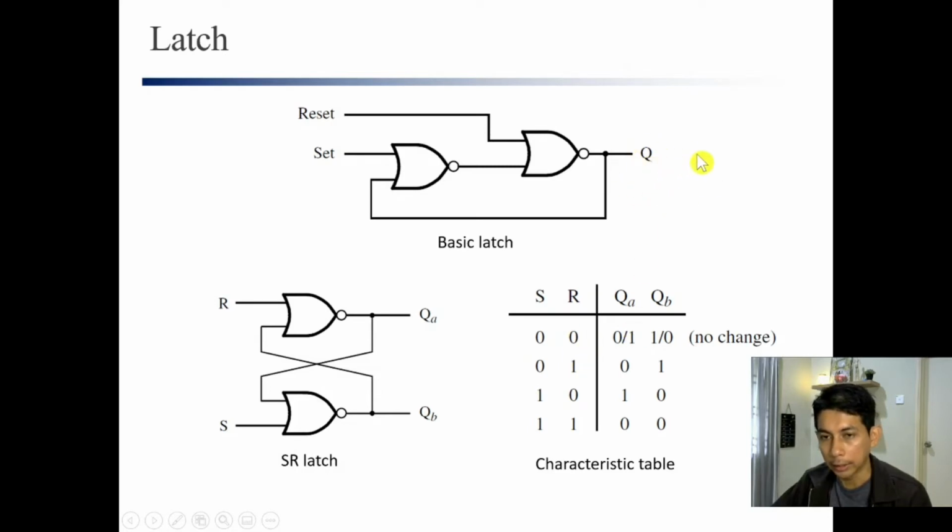This is the memory that we talk about. But if R equals 1 and S equals 0, QB is equal to 1. If S equals 1 and R equals 0, QA is 1 and QB is 0. And when both are 1, both outputs will be 0, 0.